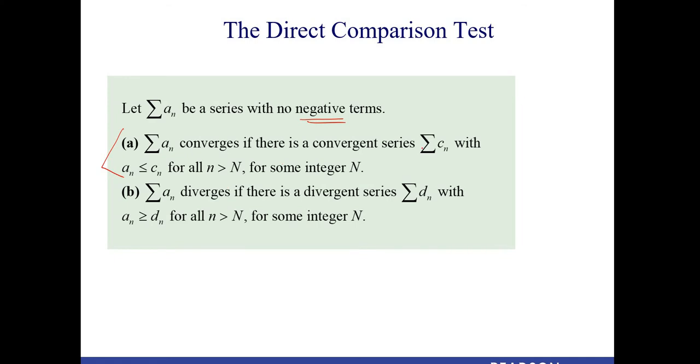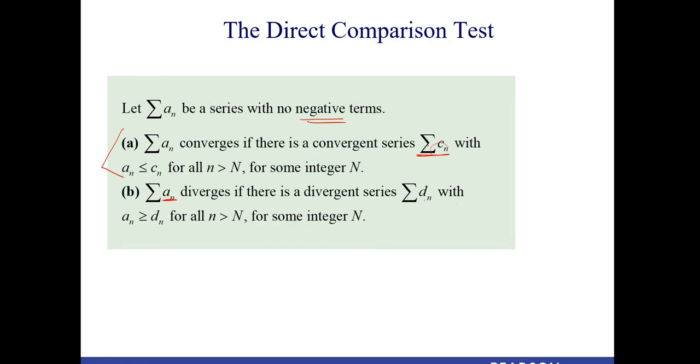So if I can find a known series that is always larger termed than the series I'm starting with, and if this series, the larger one, converges, then so does the smaller one. The last choice is that this will diverge if there is a known divergent series and if my terms are always larger than this term.